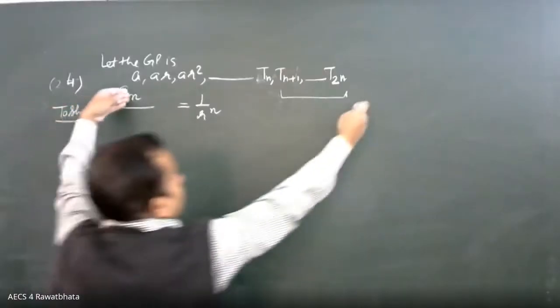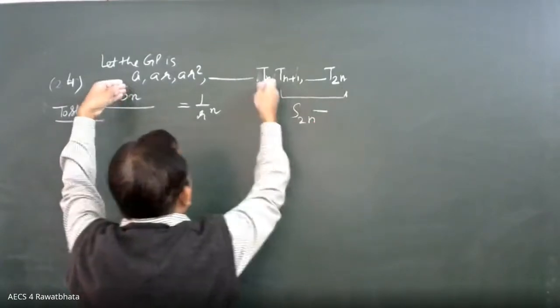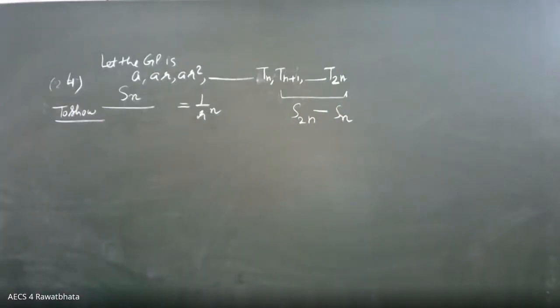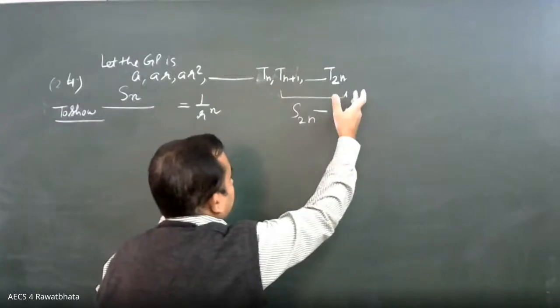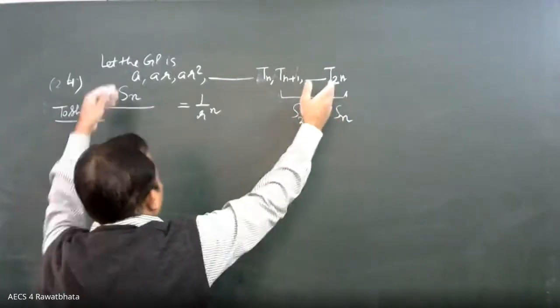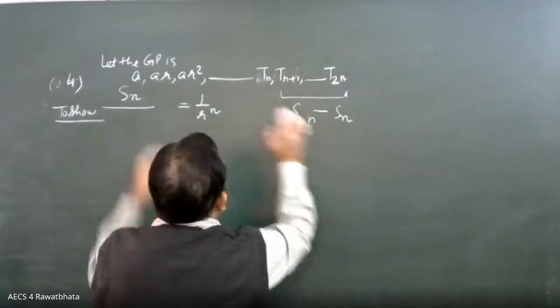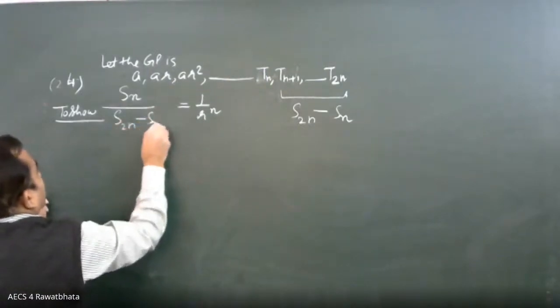Sir, sum of whole minus sum of nth term. हाँ, sum of whole thing means 2n terms, S2n minus sum of n terms, Sn. इस तरह से लिख देते हैं इसको, है ना, कि n plus 1th term से लेके 2nth term तक का जो sum है, that will be equal to the sum of the entire sequence containing 2n terms minus sum of first n terms. This we have to show.